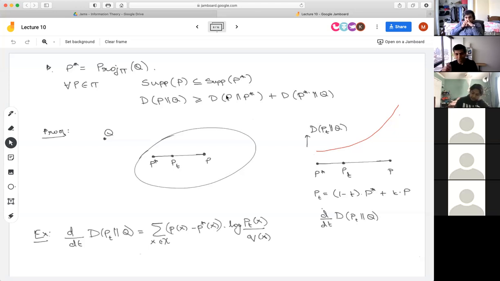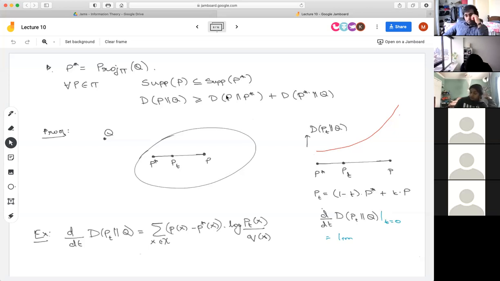Let's look at the line joining P star and P, and a point P sub t on this line, defined as a convex combination of P star and P. As t approaches 0, this becomes P star; as t approaches 1, it becomes P. You can think of it as a one-sided limit, because we are only approaching t from above; we're not saying anything about negative t yet.